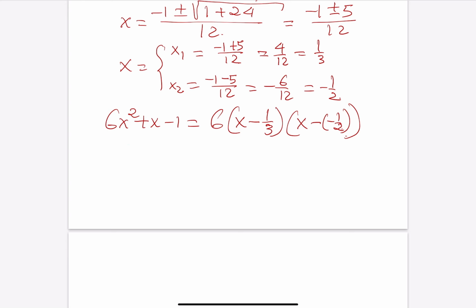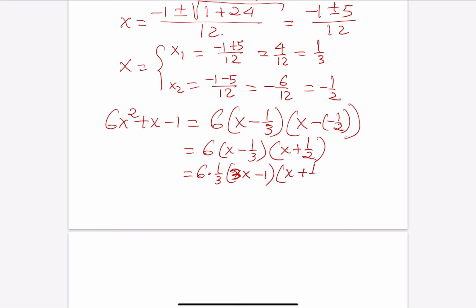You can rewrite this as 6 times x minus 1/3, and then x plus 1/2. Negative times negative is positive. If you factorize by 1/3, it is 6 times 1/3 parenthesis 3x minus 1, times x plus 1/2.